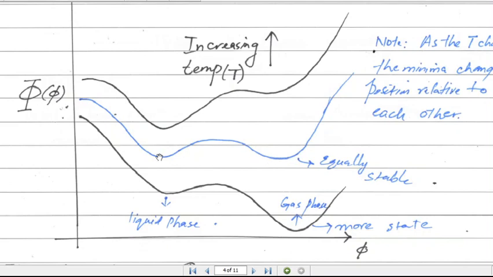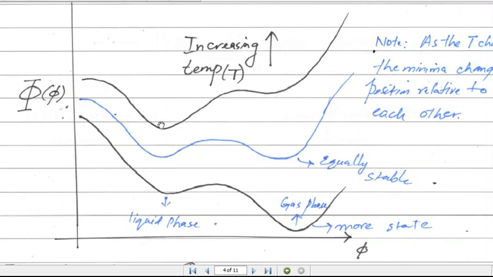At this stage, the system can be thought of as equally stable in both these minima. When you further increase the temperature, this first minimum will have lower energy compared to that of the other minimum.